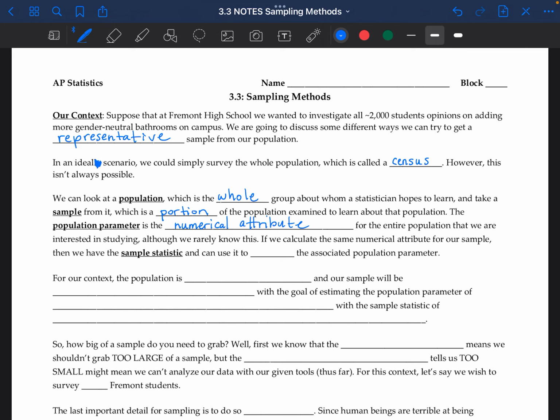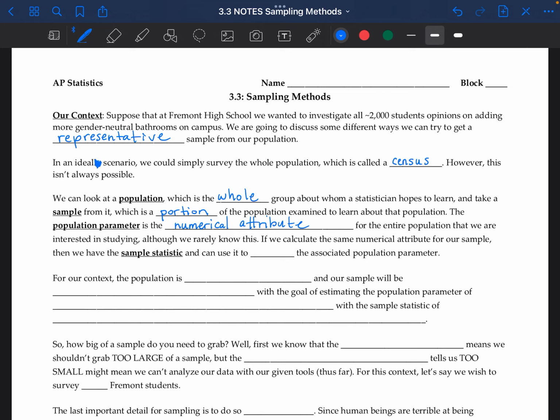But it can also be about opinions, yes or no, agree or disagree, because we can talk about a proportion. What's the proportion of a population that agrees, says yes to, or supports something? That is also a way to change something more categorical into a numerical attribute.